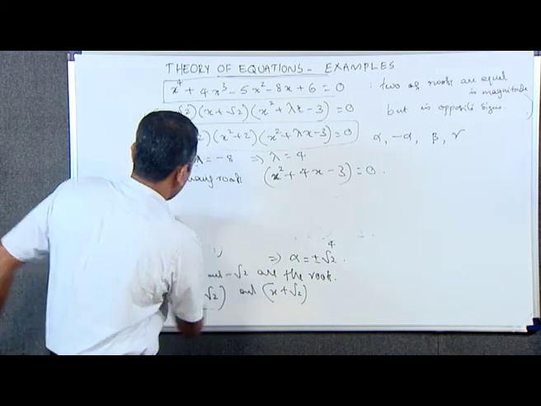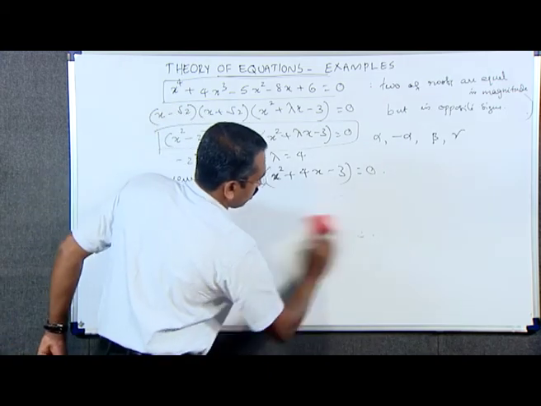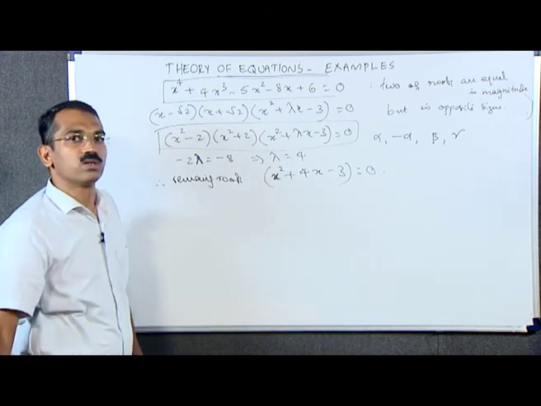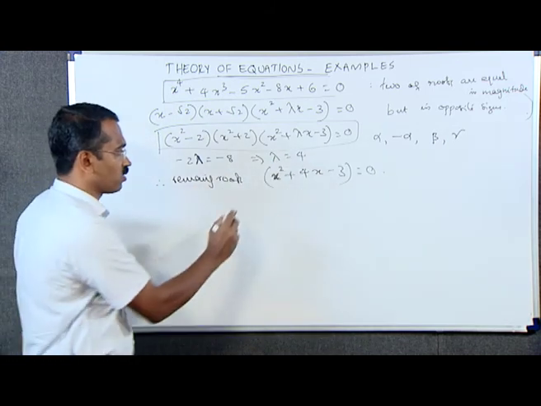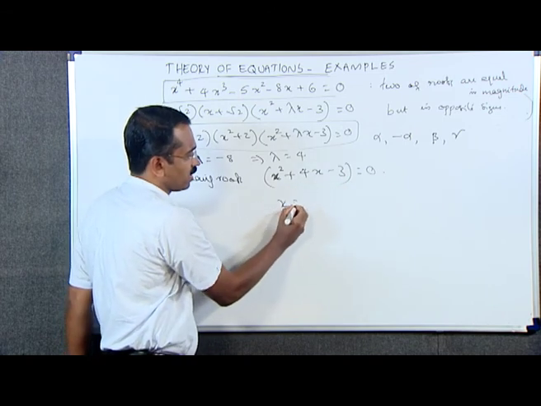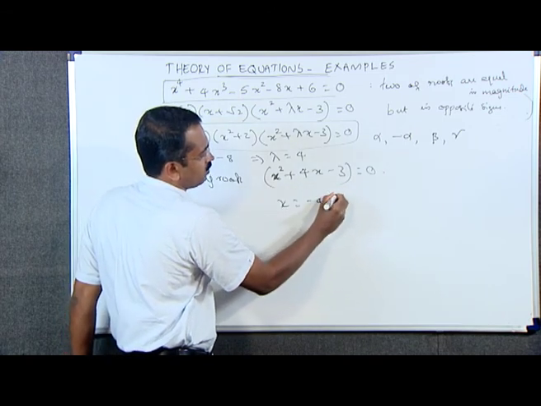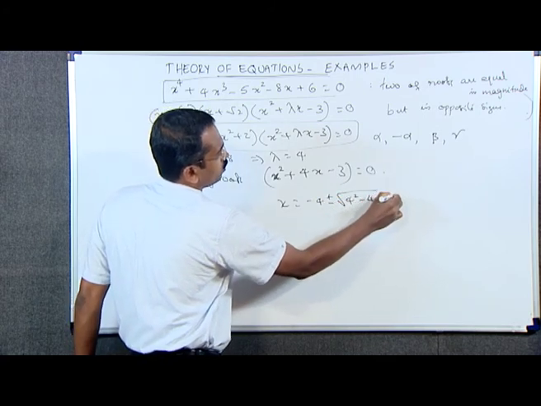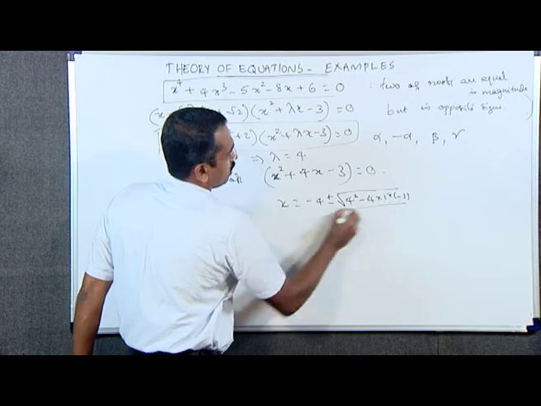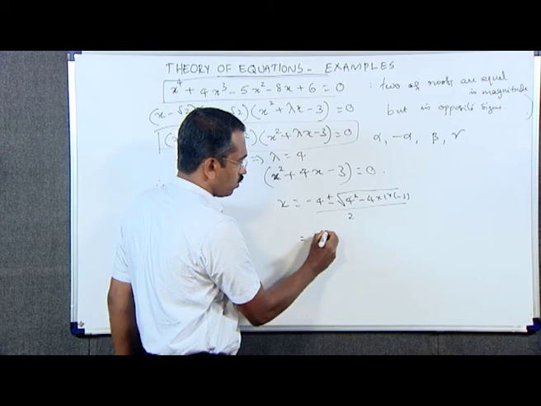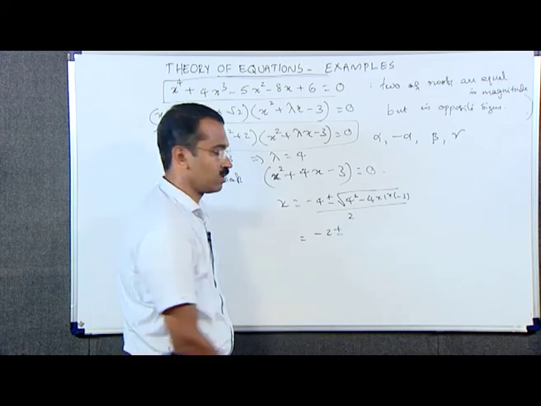By solving this equation, we will obtain the remaining two roots. x square plus 4x minus 3 is equal to 0 means x is equal to minus 4 plus or minus root of 4 square minus 4 into 1 into minus 3, divided by 2. This is equal to minus 2 plus or minus root 7.